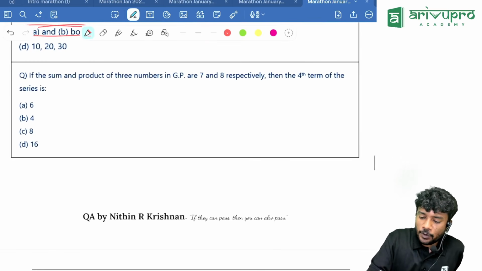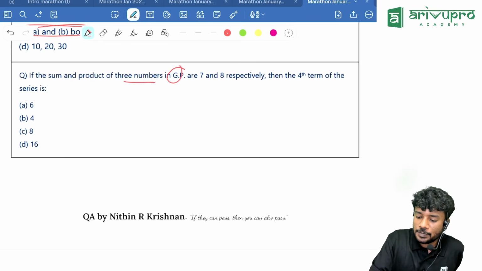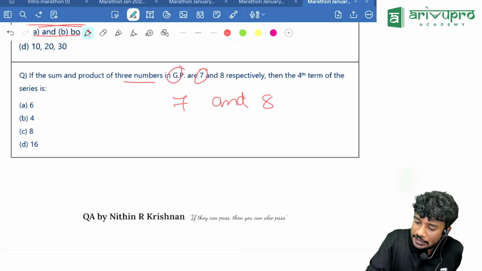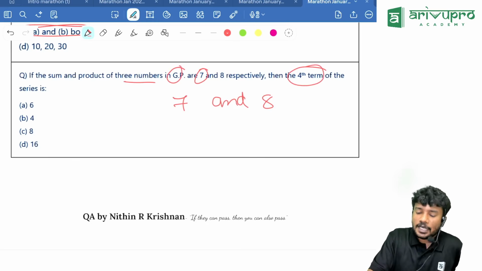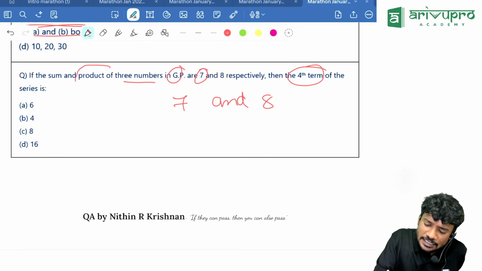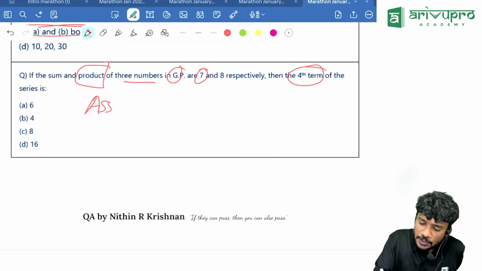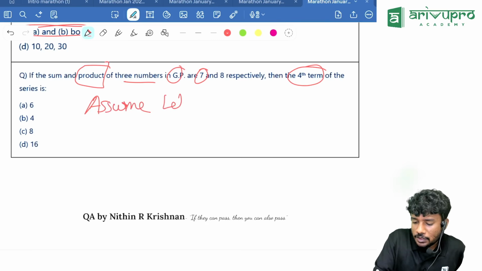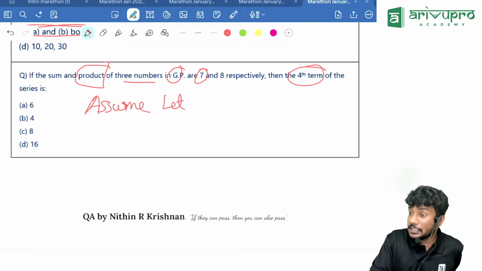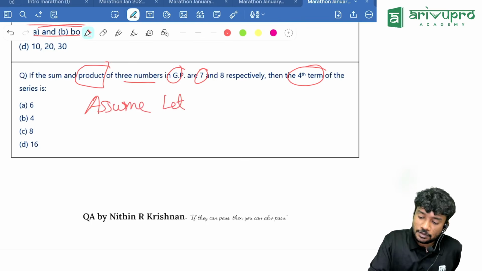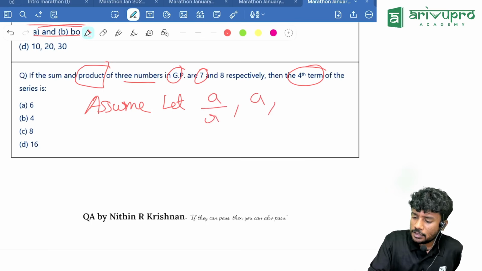Now, the sum and product of 3 numbers in a GP are 7 and 8 respectively. Then the fourth term is how much is the question. Whenever they mention the term product, we will assume the numbers in GP are A by R, A, AR.